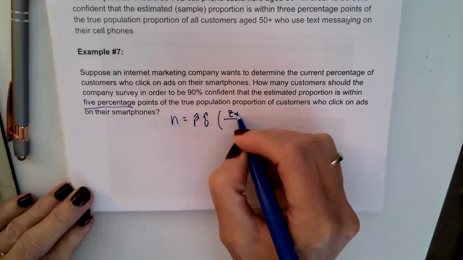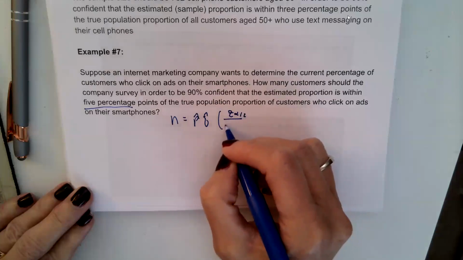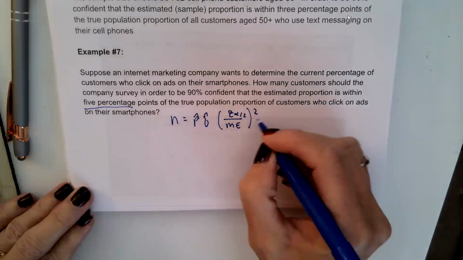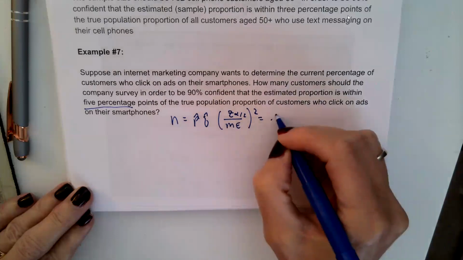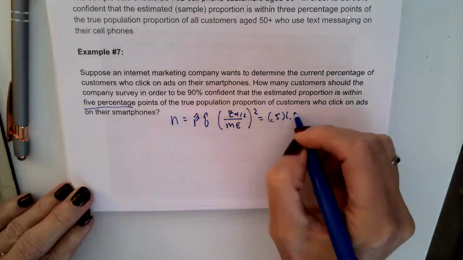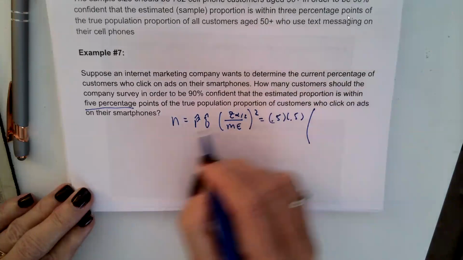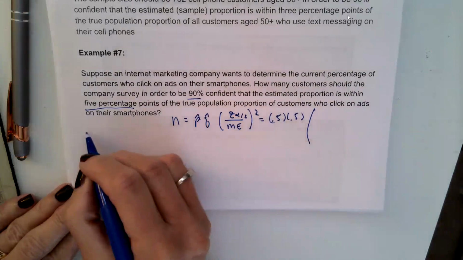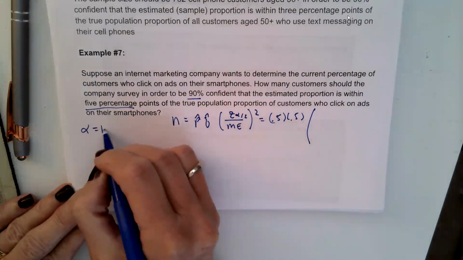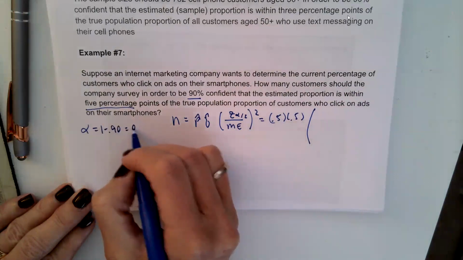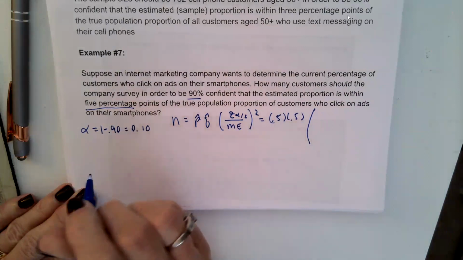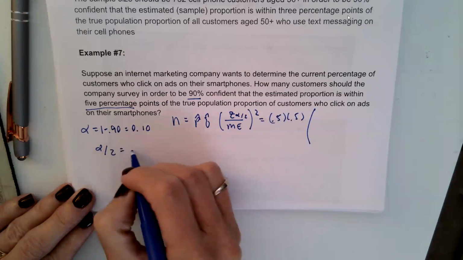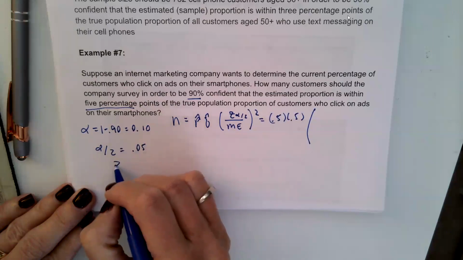we could individually square these, or we could just take the ratio and square them all at once. We're going to use 0.5 times 0.5, and then we need to have our critical z, and this time it's 90%. So alpha is 1 minus 0.90 or 0.10, and so z alpha divided by 2 then is 0.05.